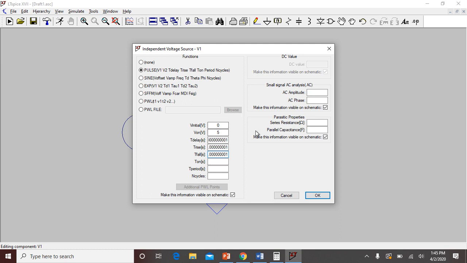T on is the time duration when my voltage is on the higher part, like this. This is my V on. So it is the time taken by the waveform when it is on at this stage. Now we have two options. When we talk about the power supply, it's all on us.